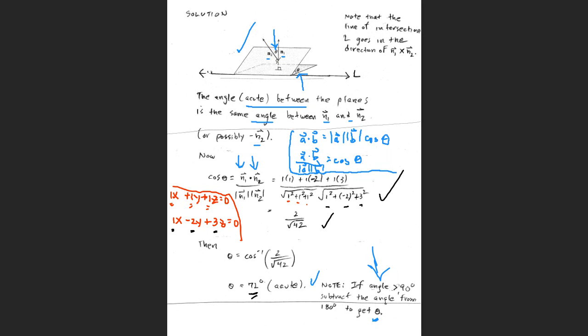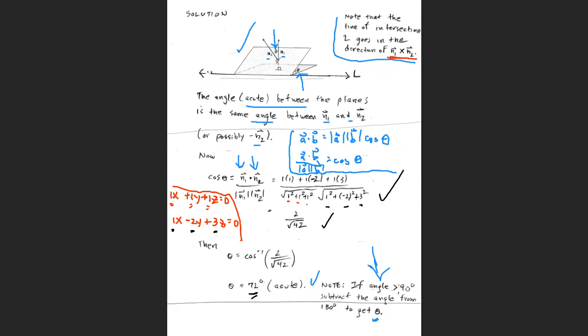Now what we want to do is find the line of intersection, the symmetric equations for the line of intersection of these two planes up here. So we note, and the picture helps, that the line of intersection L goes in the direction of the cross product of the two normal vectors. It absolutely does.